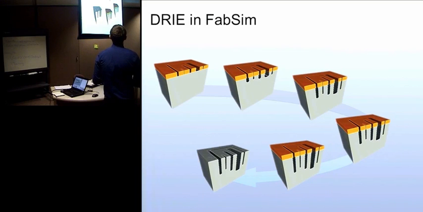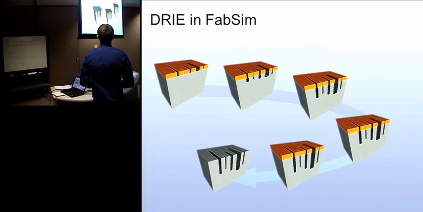This takes into account some of the phenomena that are present with these etching processes. So the lag effect would cause you to have these different depths for the different channel widths.